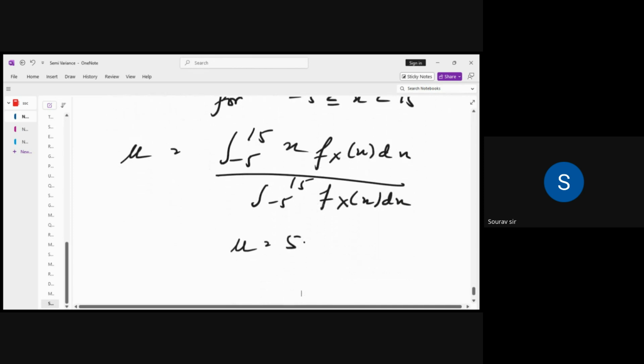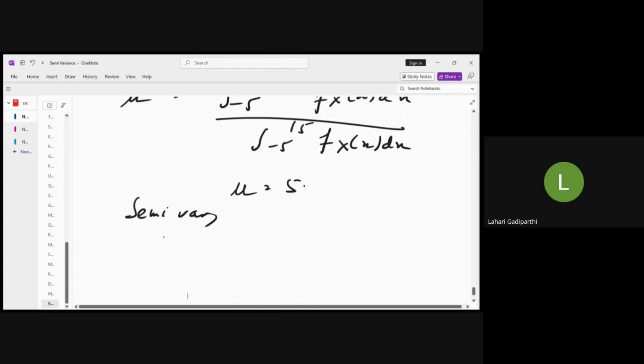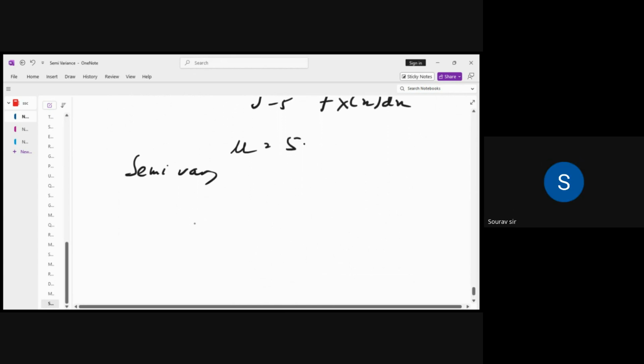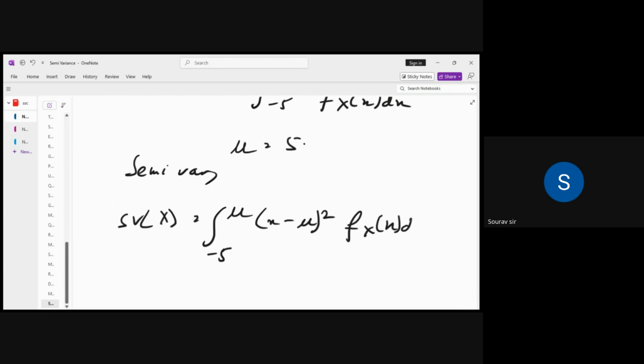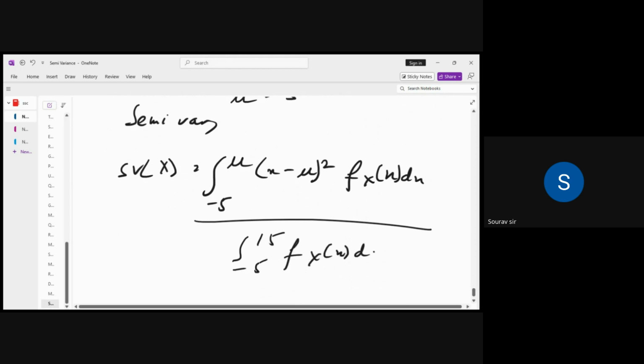And how is the semi-variance calculated for the same? It's the same formula. SV of x will be the integral from minus 5 to mu of x minus mu squared f of x dx, divided by the integral from minus 5 to 15 of f of x dx.